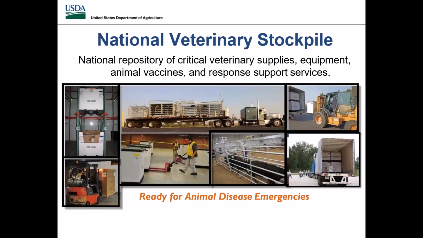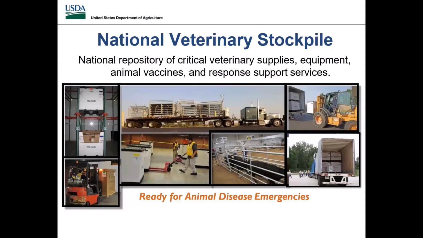The National Veterinary Stockpile, as most know, but I think it's worth emphasizing, is the national repository of these veterinary countermeasures, and we're ready at all times for animal disease emergencies. We even respond occasionally to other Stafford Act emergencies, although more infrequently than for animal disease emergencies.